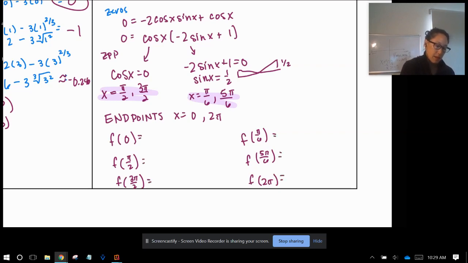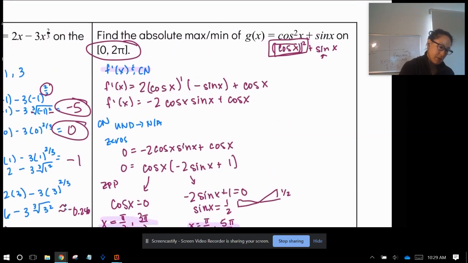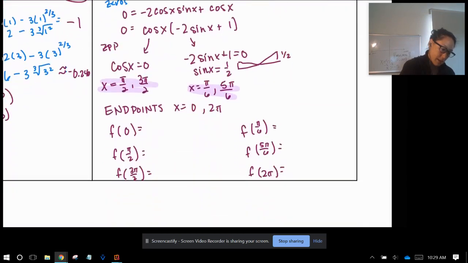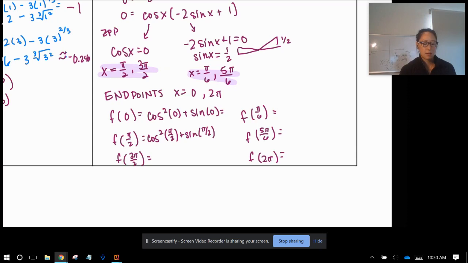That's a lot. Okay, so our original function is cosine squared x plus sine x. So I have cosine squared of 0 plus the sine of 0. Okay, and then cosine squared of pi over 2 plus sine pi over 2. Okay, let's start with those two.